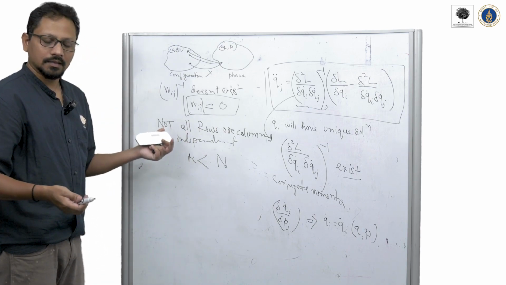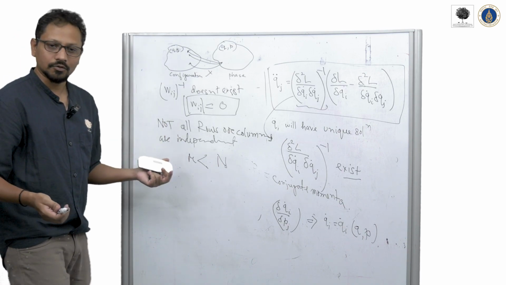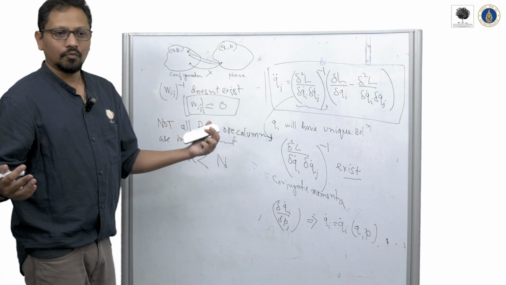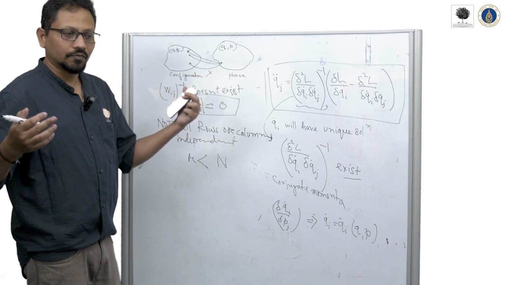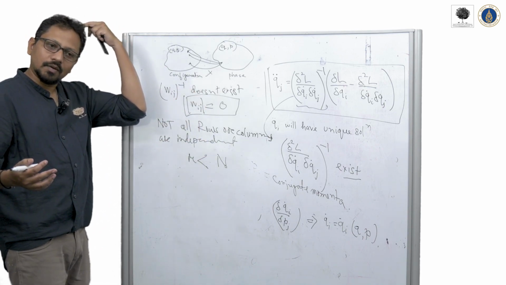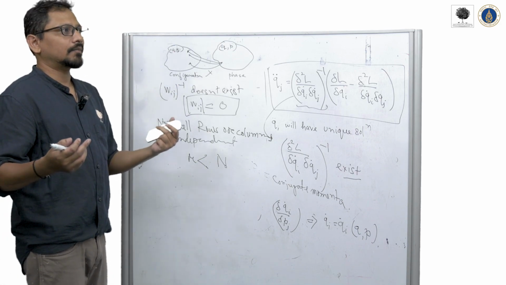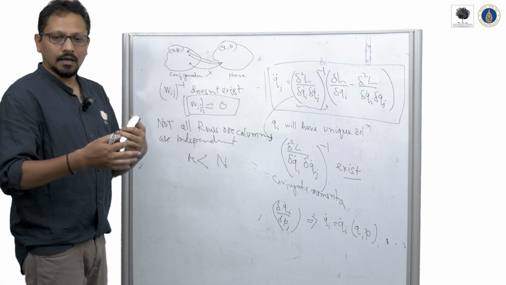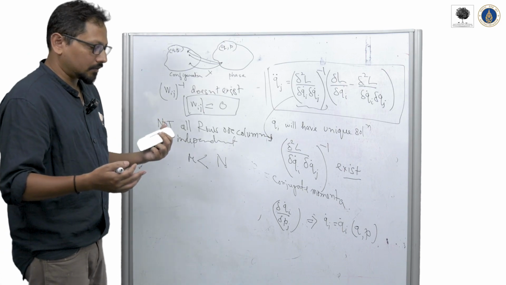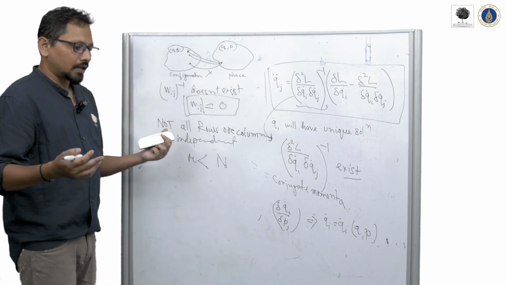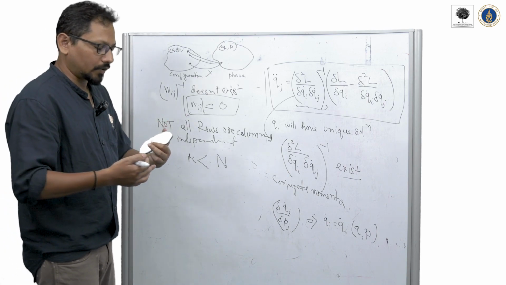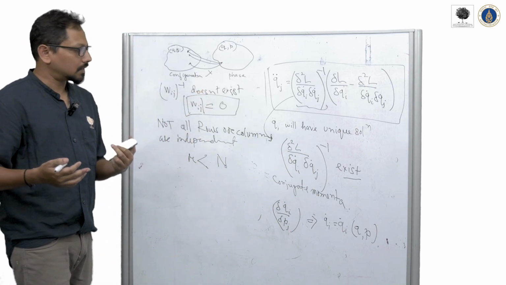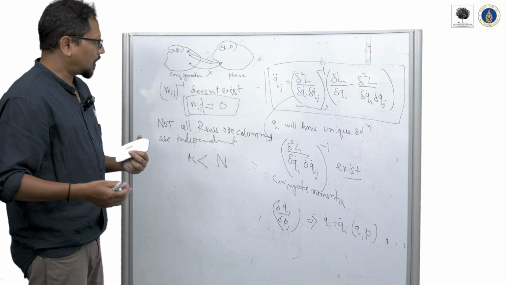So this was the starting point of my talk: apparently there seem to be more coordinates or degrees of freedom, but not all degrees of freedom are independent, meaning that there are some constraints. There is redundancy in what we see.